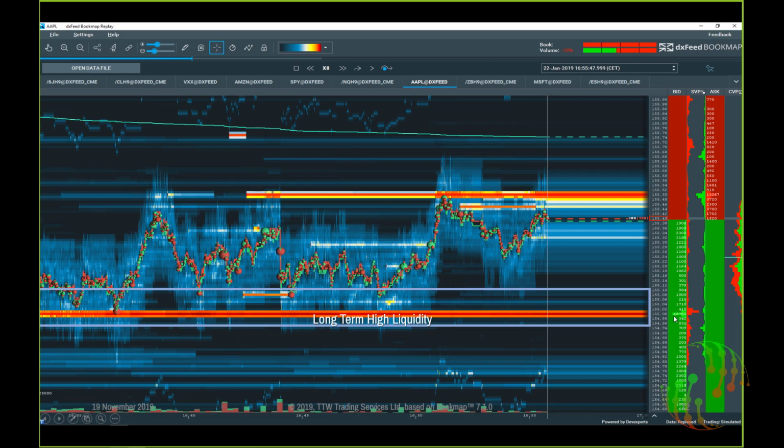They are stacked. Added 18,000. I think 80,700 shares on the 155 even level here. They were hit here, but there wasn't enough power or energy to break this floor, the support here.